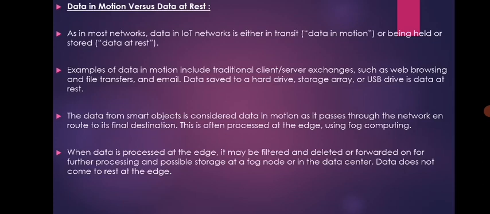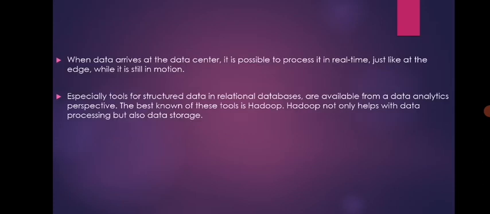When data is processed at the edge, it may be filtered and deleted or forwarded on for further processing and possible storage at a fog node or in the data center. Data does not come to rest at the edge. Obviously, whenever we get the information at the edge level, it should either be processed, deleted, or handled and forwarded further. Exactly, we are not going to store it at the edge level.